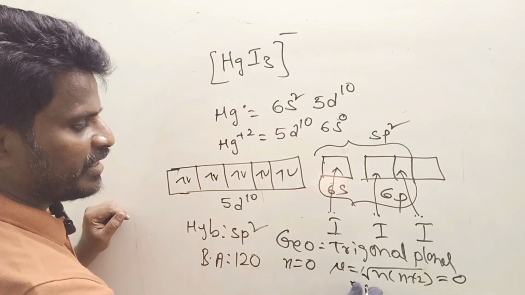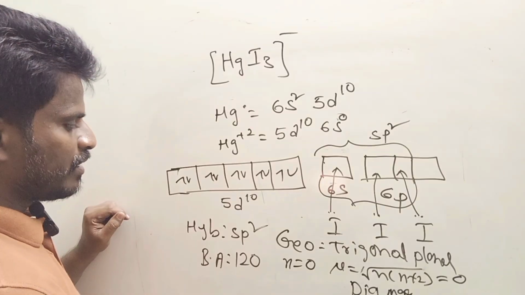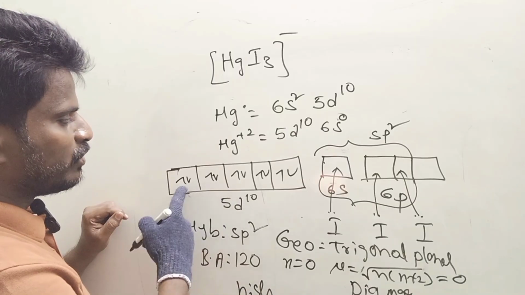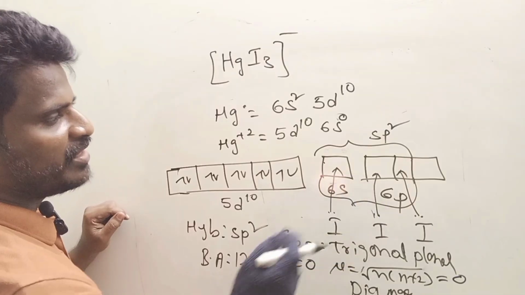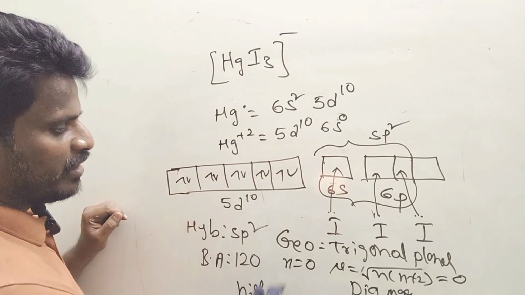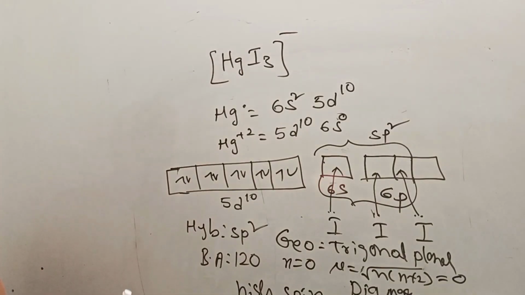It indicates it is a diamagnetic complex. And it is a high spin complex. There is no change in 5d electrons before formation and after formation of this complex. That indicates this molecule is a high spin complex. It is the hybridization of Hg(I3) minus ion.